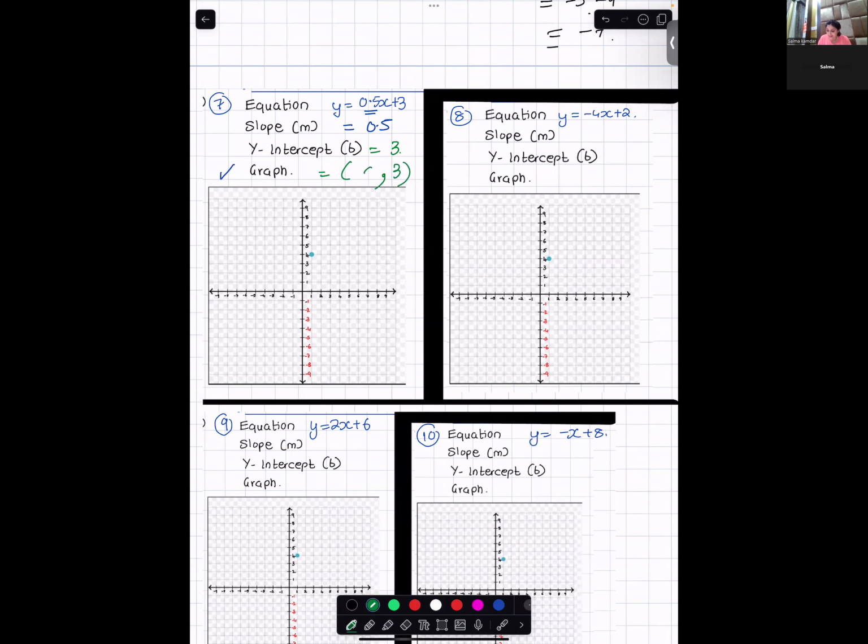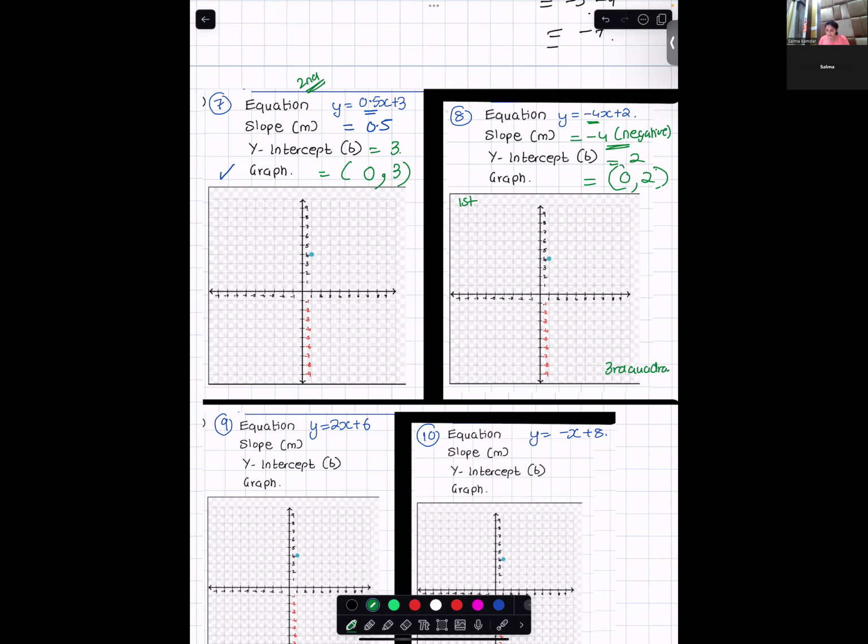Y-intercept is 3, x-intercept 0. And the second coordinates you will have to find out. Slope is minus 4. It is a negative slope. Y-intercept would be 2. Graph would be at y-intercept 2, x-intercept is 0.